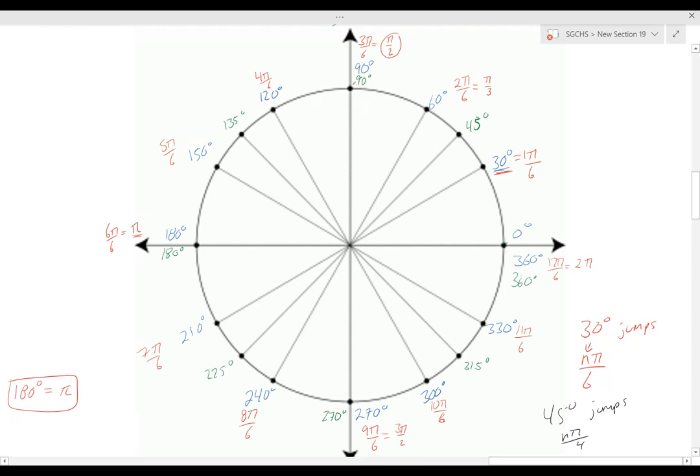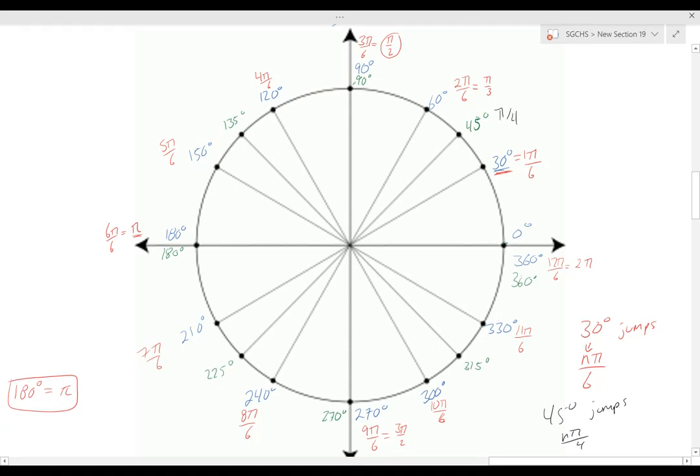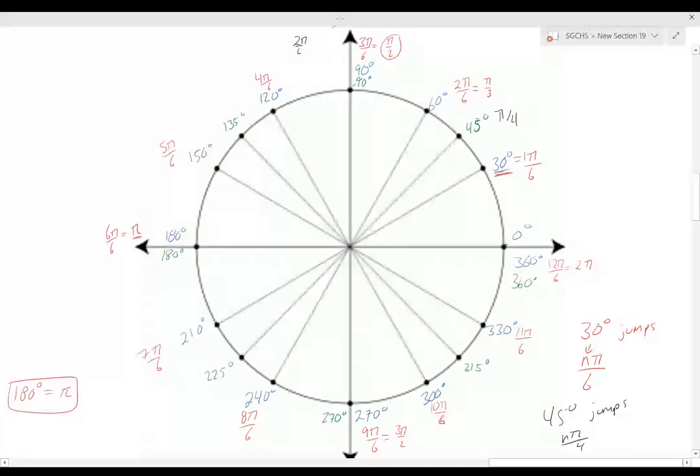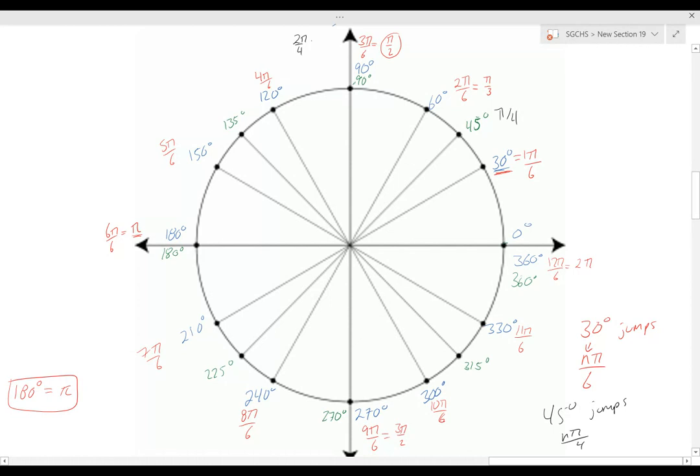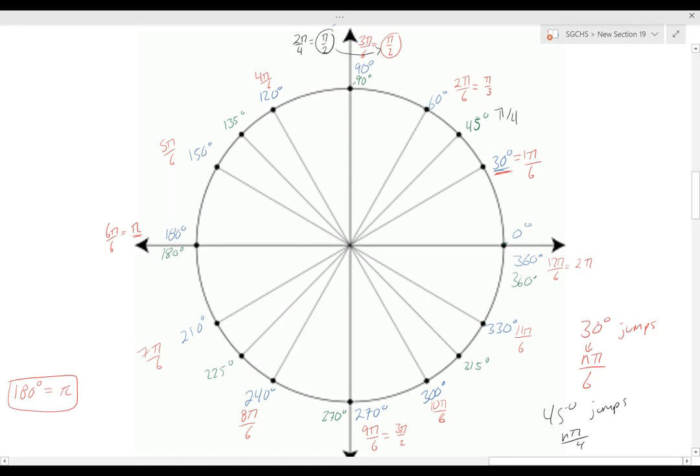Then we make our first jump and we get pi over 4. Our next jump, we would have 2 pi over 4, and recognize that's 90 degrees. If we simplify this, it equals pi over 2, just like it did for our pi over 6 jumps.